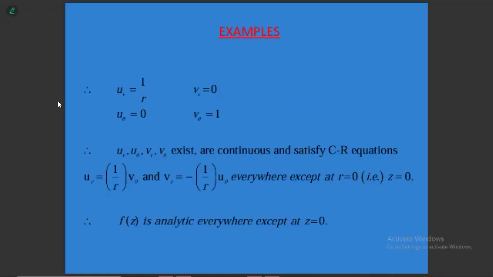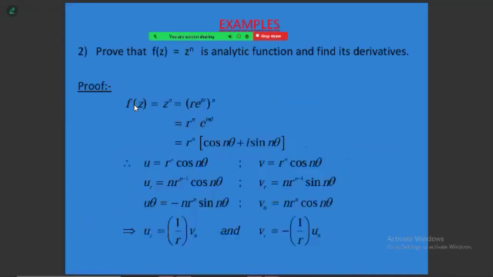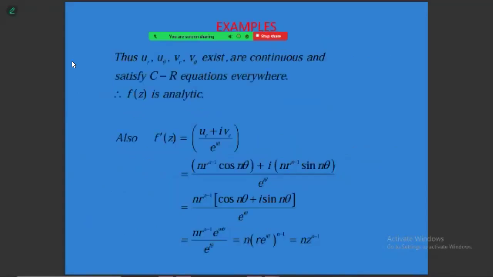And v r is equal to minus 1 by r into u theta. Obviously it's true everywhere at r except r is equal to 0, that is z is equal to 0. That is, f of z is analytic everywhere except only one point, at z is equal to 0. So these are some problems for you, check it out.